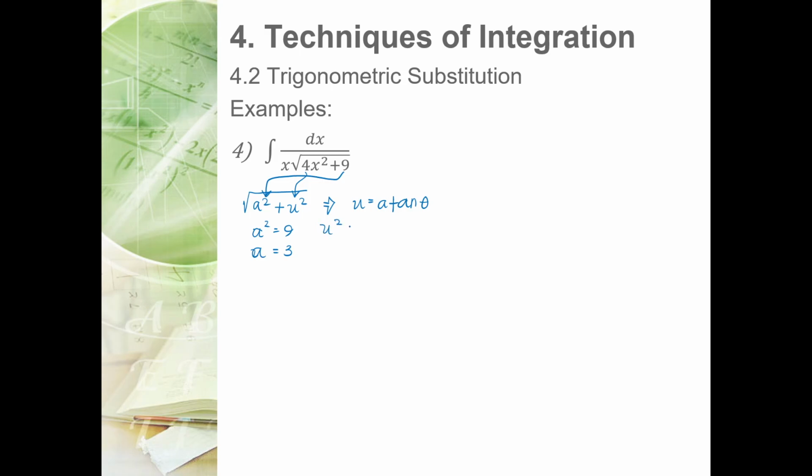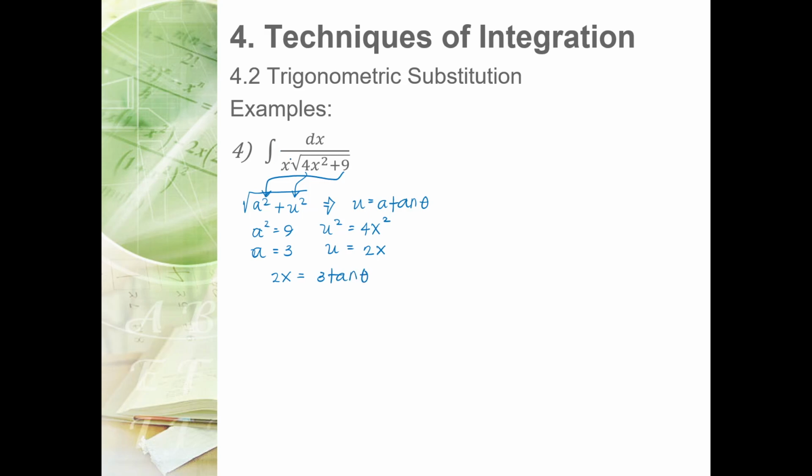So u squared is equal to 4x squared. Your u parameter is 2x. So again, using the formula, we now have 2x is equivalent to 3 tangent theta.